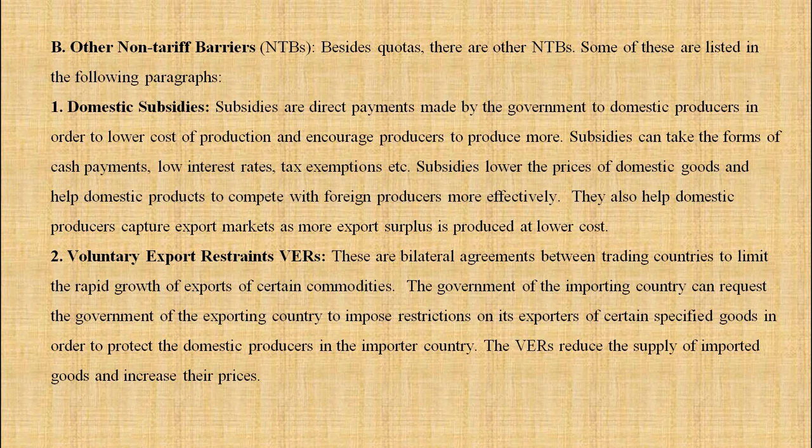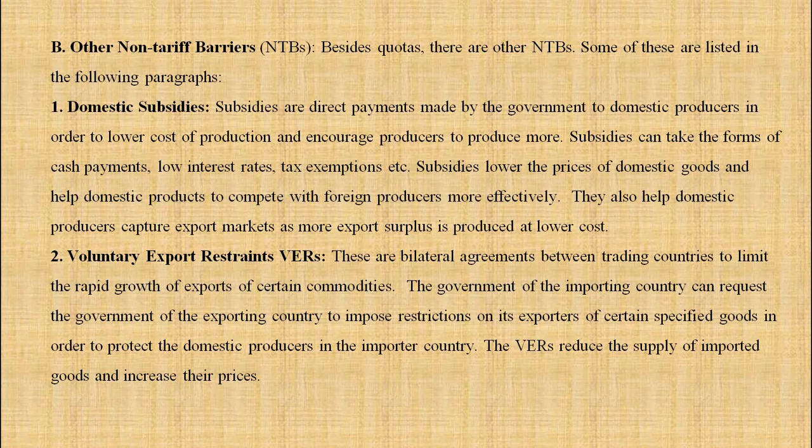Subsidies can take the forms of cash payments, low interest rates, tax exemptions, etc. Subsidies lower the prices of domestic goods and help domestic products to compete with foreign producers more effectively. They also help domestic producers capture export markets as more export surplus is produced at lower cost.